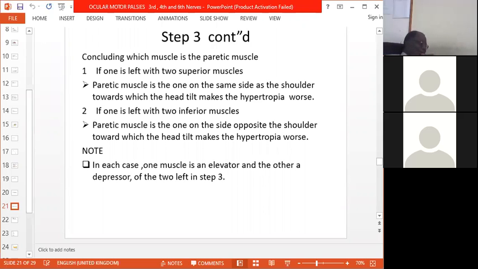Therefore, I'm going to push it. That one man. Ladies, question time.